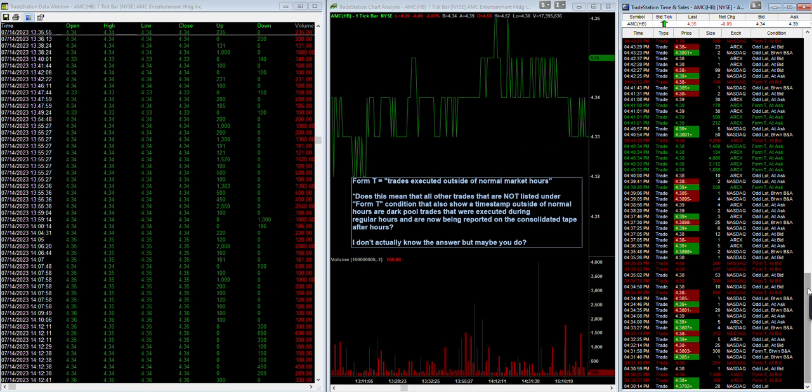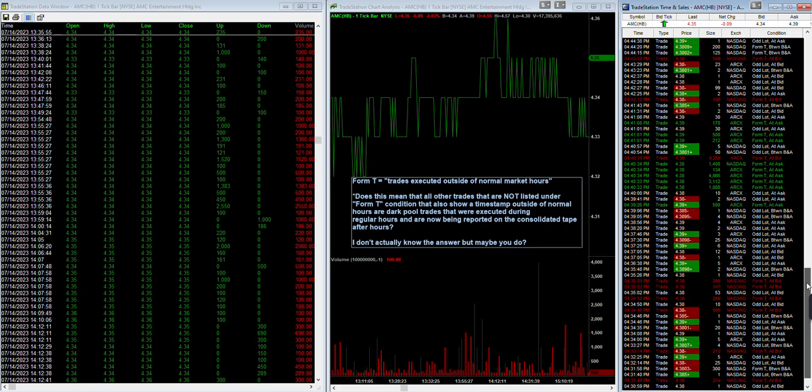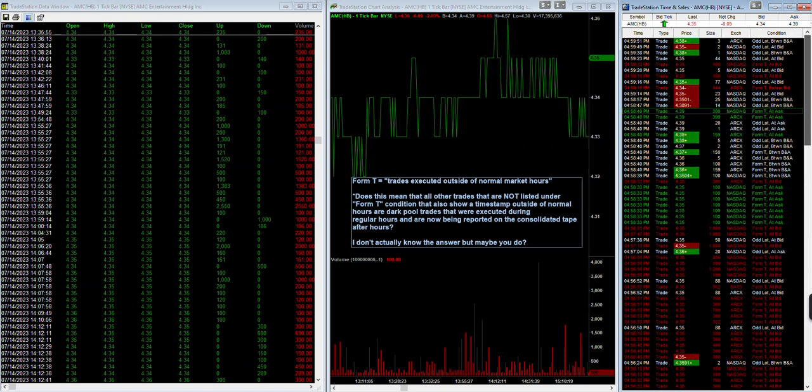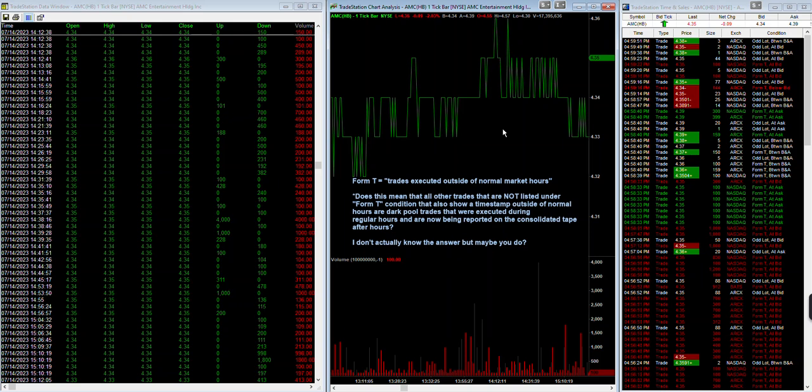But anyway, I have no idea if there were large trades, meaning anything over 100 shares, that were reported in the multiple hours of trading and after hours trading that were not Form T, meaning the larger the size, the more impact in theory it could have on driving price through price discovery during the regular market hours. So anyway, that's one more thing for you guys to all chew on and consider.